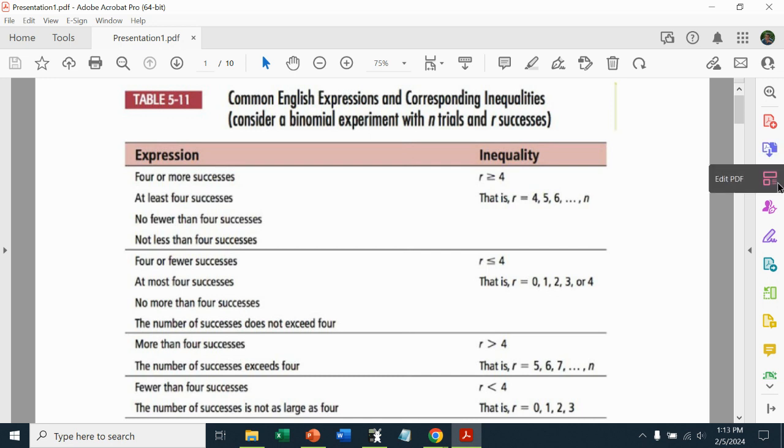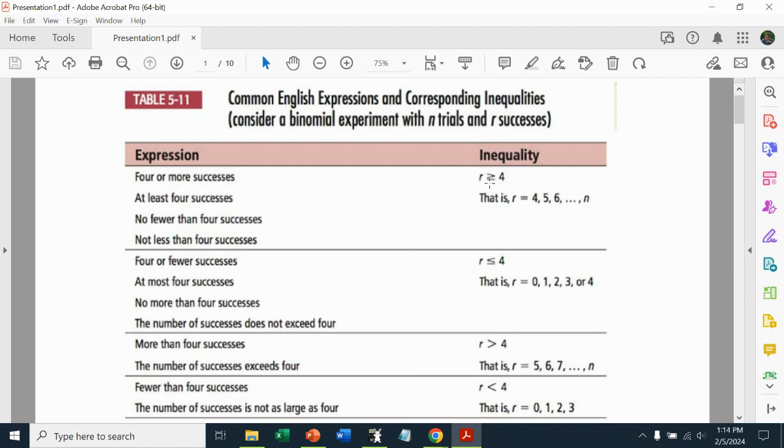The last slide of the PowerPoint has what are called common English expressions and corresponding inequalities. In other words, when you're reading the problem, you've got to take the problem and rewrite it as an inequality. So I would definitely suggest downloading the last slide of PowerPoint 5.2.